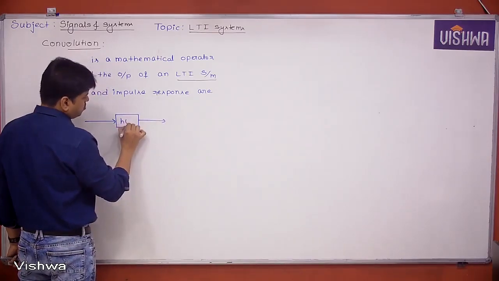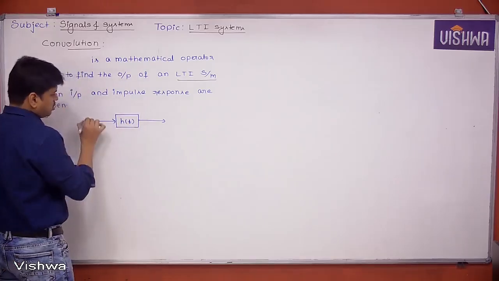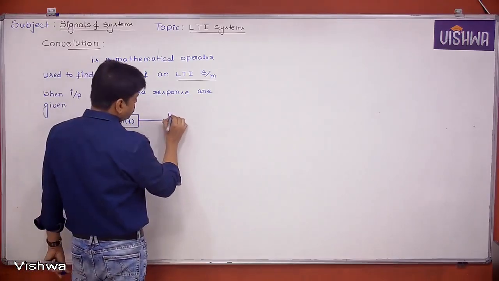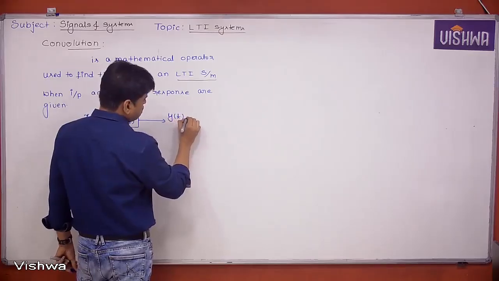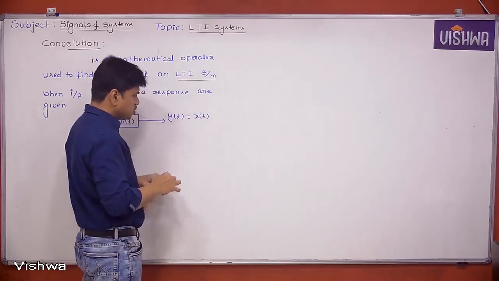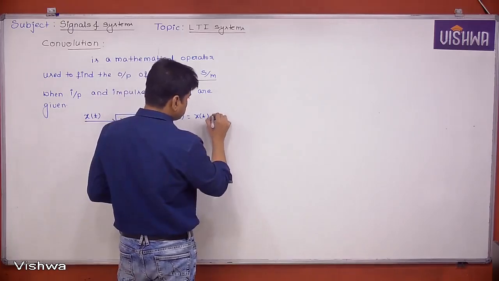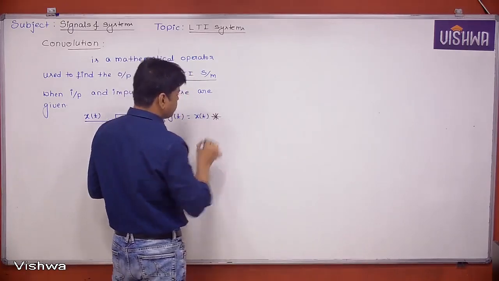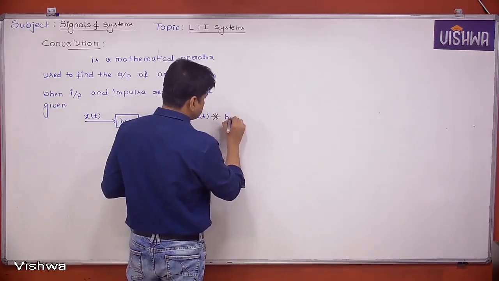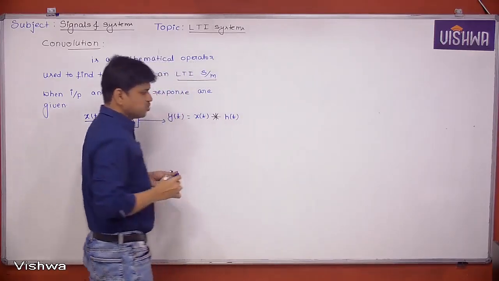That means, suppose for an LTI system, if they said h of t, this is x of t, then what is the output y of t, which is nothing but x of t convolution with h of t. The convolution symbol is this one, convolution with h of t. That's what it is.